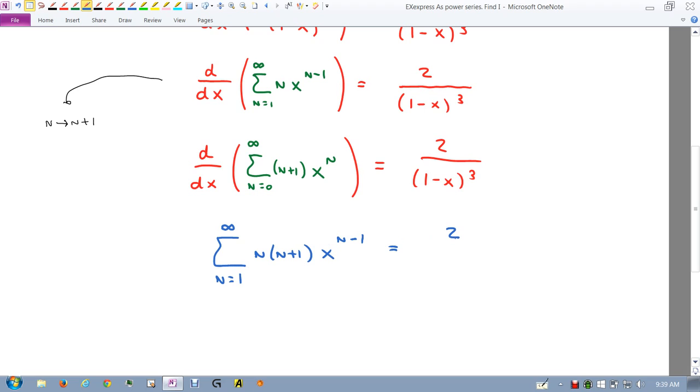That is what this is equal to. So there I took the derivative. I ignored the n plus 1. I applied the power rule. The n came down, I subtracted 1 from the n, and the index went up by 1. You could have done it from up here and just changed the index to 2 if you wanted to, but this is the way I chose to do it.